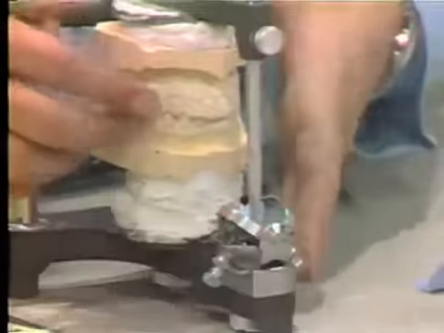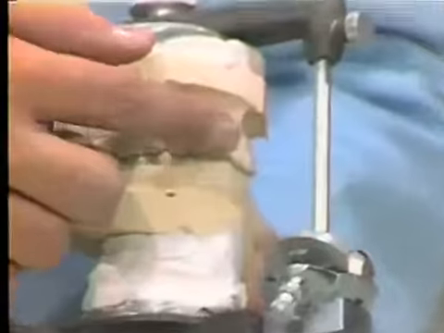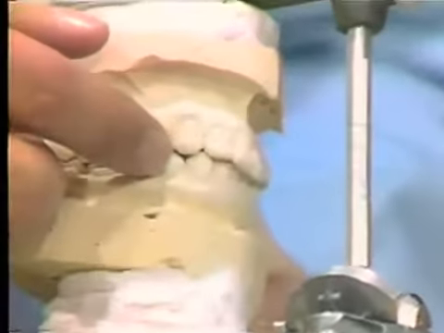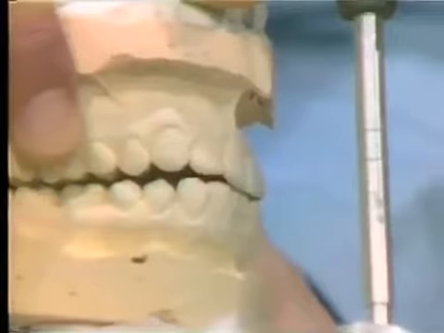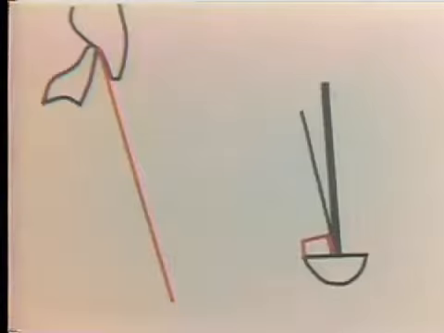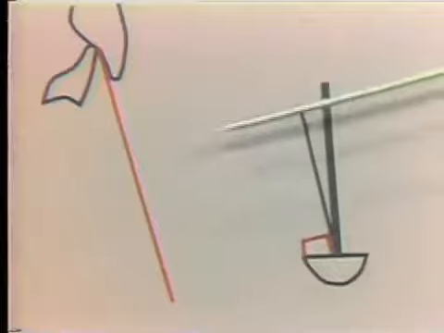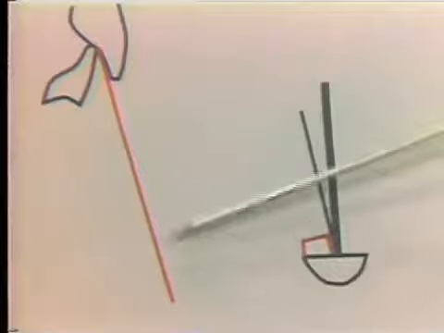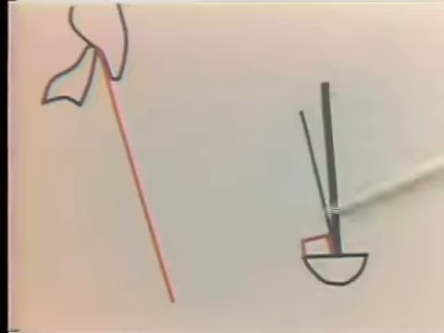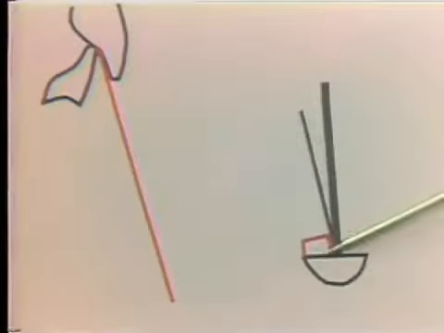oftentimes, because of this steep relationship in the anterior, or a locked type of occlusion, will not allow the protrusive movement to be simulated by the table. With our customized acrylic addition to the incisal table, we are now able to simulate this protrusive or incisal angle in the mechanical table.